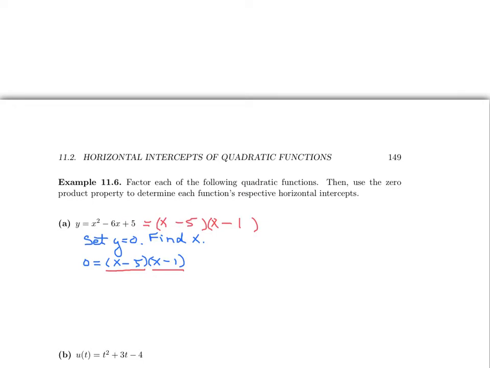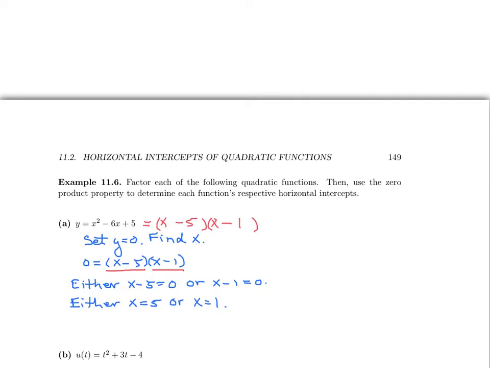So we know that either x minus 5 is 0 or x minus 1 is 0. One of these must be true. So that tells us that either x must have been 5, or x must have been 1. So we arrive at the conclusion that either x is 5 or x is 1.